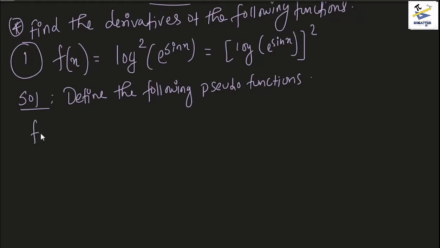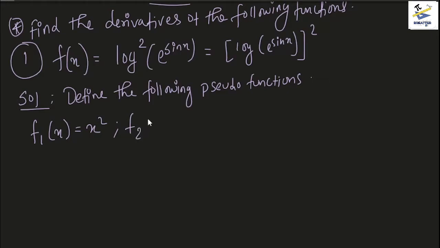Let's do that. f1 of x is equal to x square. We are going to define this x square function, because obviously the first thing that we see here is something squared, right? We just don't know in which order it will come, but we can figure that out later.